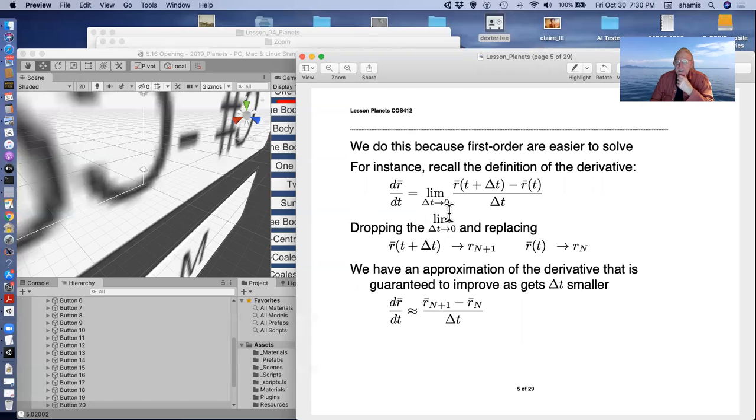If we drop that limit, delta t goes to 0, and we replace r at t plus delta t by r at step n plus 1, and r of t is r at the nth step, then our approximation of the derivative is r at the n plus 1th step minus r at the previous step over delta t.